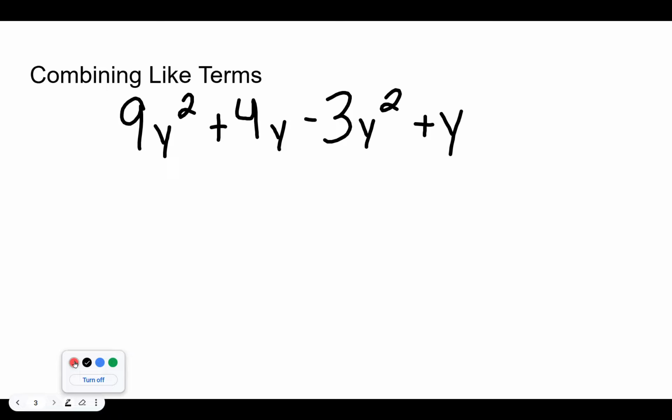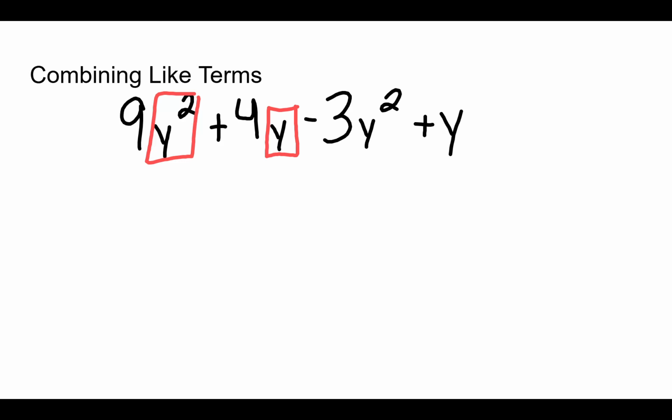We have 9y squared. This is a term. Then we have a y by itself. Then we have y squared and a y by itself. Okay, let's use blue here. So we have 9y squared has the same as negative 3y squared. They don't match 4y or y because they don't have to the power of 2.